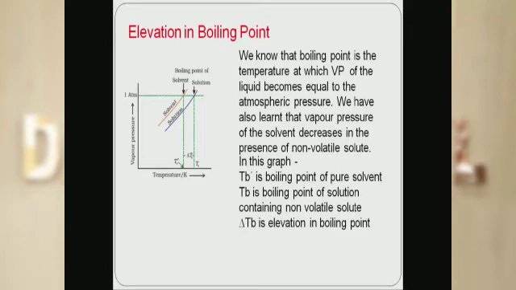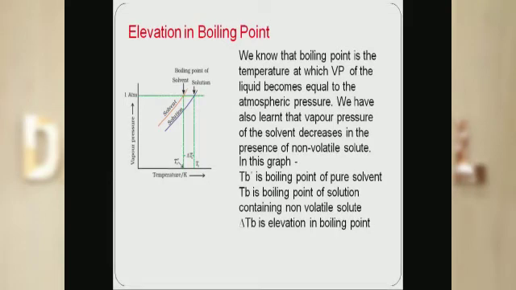Here we have made a graph between vapor pressure and temperature for pure solvent as well as for the solution. From the graph you can see the vapor pressure of solution is lower than that of solvent. This is because we have already read that vapor pressure of the solvent decreases when you add non-volatile solute to it.